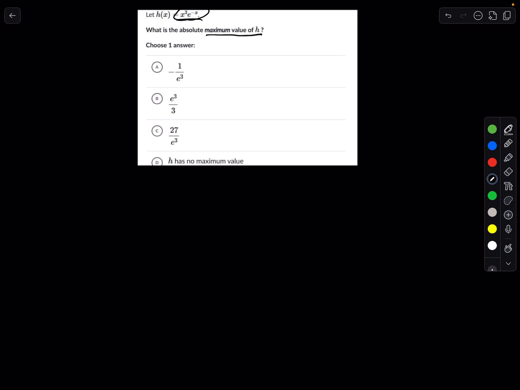Well, again, the same steps. We first take the derivative of this function. h prime of x is equal to, well, here we'll have to apply a little bit of product rule and chain rule. First we have the derivative of the first function times just the second function, plus just the first function times the derivative of the second function.